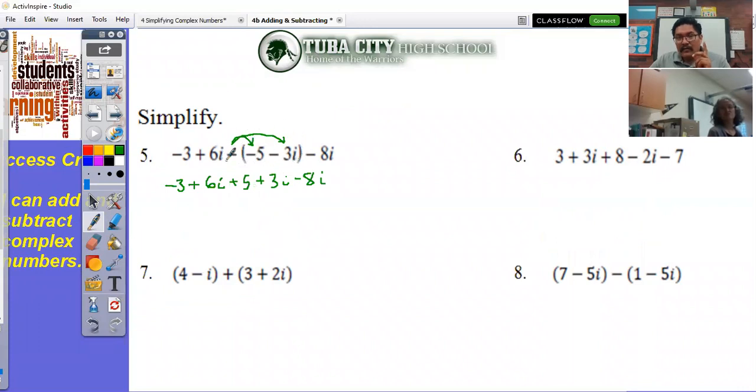What we are saying is subtract the negative 5 and subtract the negative 3i. We are subtracting this group. Now, I did mention on the last slide that we have double negatives, right? If you have 2 negatives that are combining, like adding or subtracting, they will make a bigger negative.